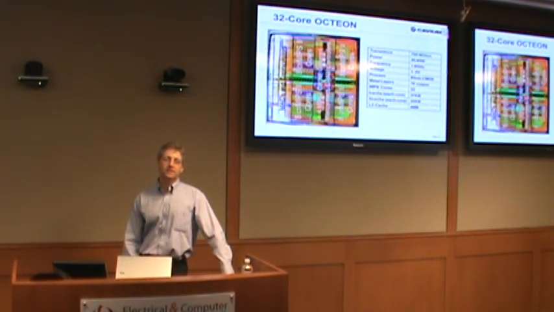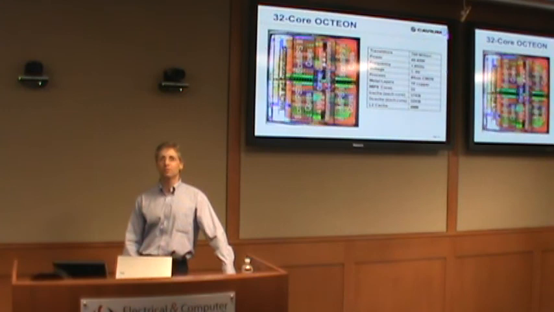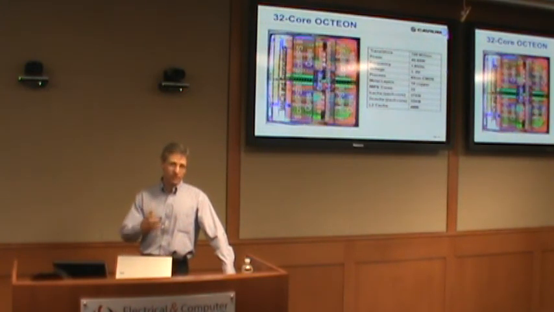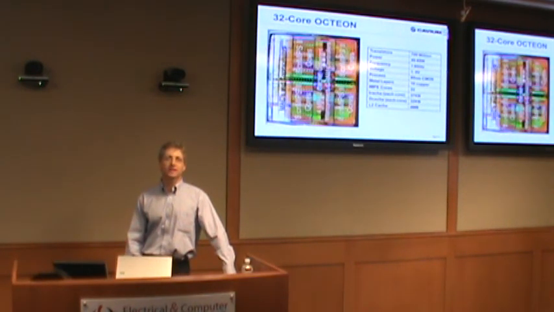This device is approaching 1 billion transistors, 700 million. Its power is 40 to 65 watts when you're using all 32 cores. Frequency is up to 1.6 gigahertz, and this design was built in a 65 nanometer CMOS technology.